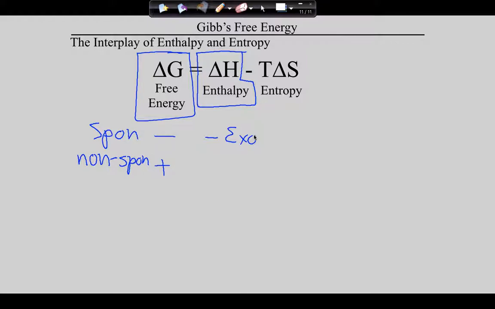Do exothermic reactions tend to be spontaneous? Yes. So this lines up. So if we have an exothermic reaction, it also tends to be spontaneous. Is that okay? Do you understand that conceptually? That reactions that give off heat tend to be spontaneous, like the ball rolling downhill.